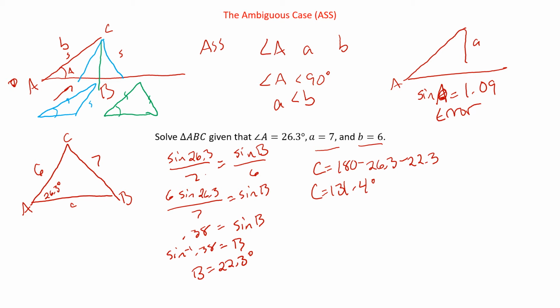And then we can find side C. C over sine of 131.4 is going to equal A over sine A. So 7 over sine of 26.3. We'd multiply by the sine of 131.4.